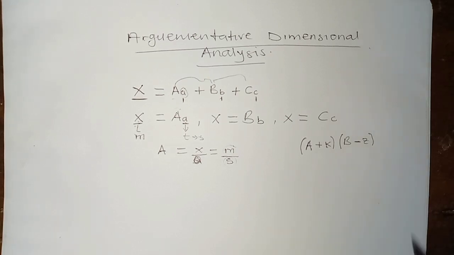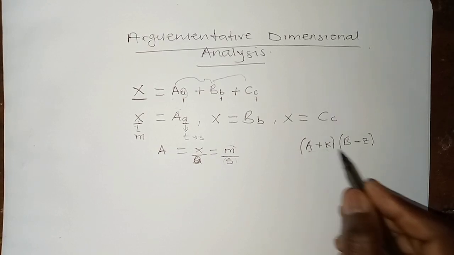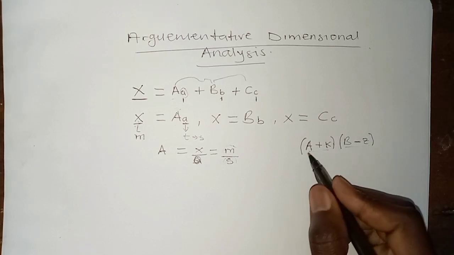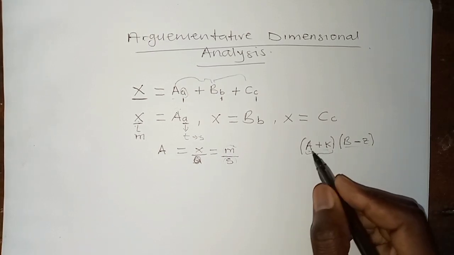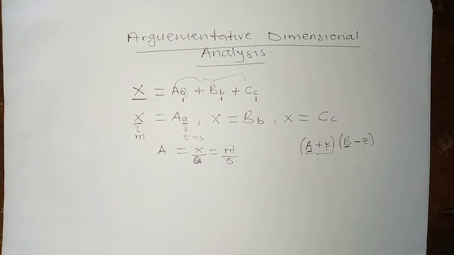So all you need to do, if there is multiplication in the middle, here we have addition, there we have subtraction, is equate what is here, you equate this to that, and also equate this to that. As simple as that. That is how you come up with the correct answers when it comes to argumentative dimensions.